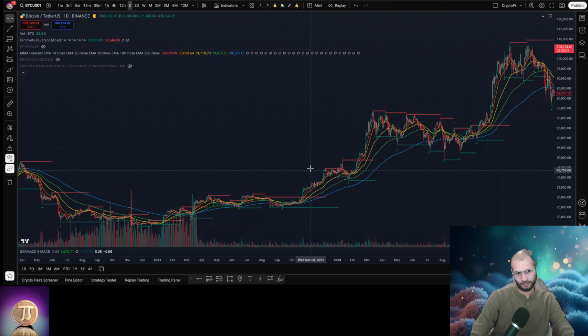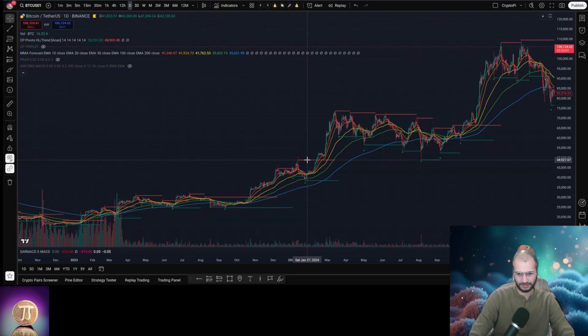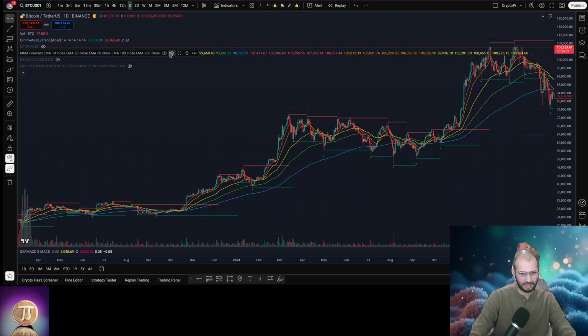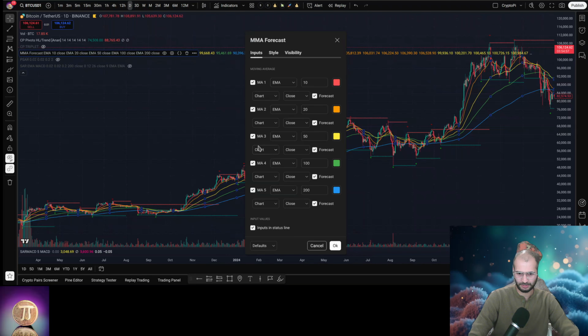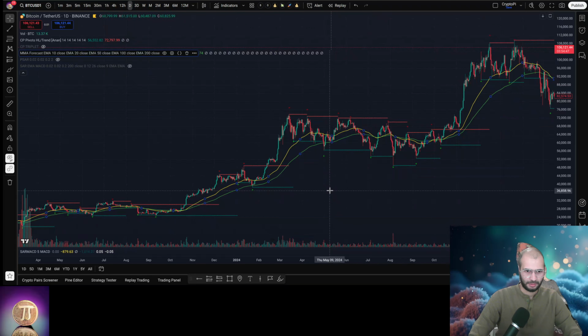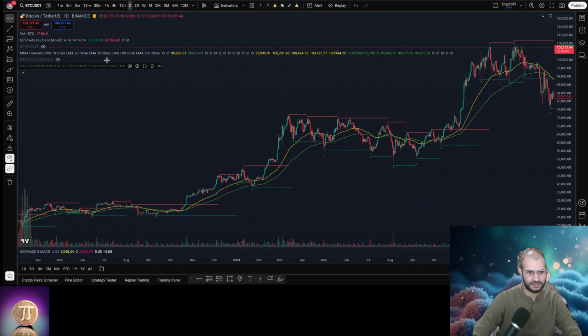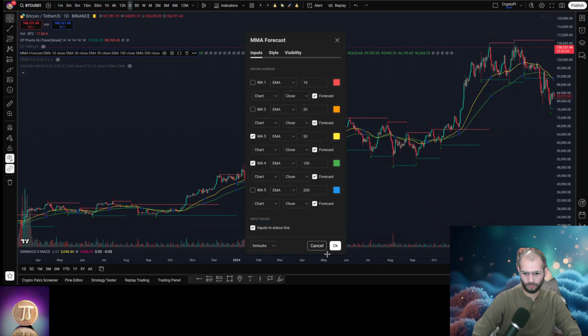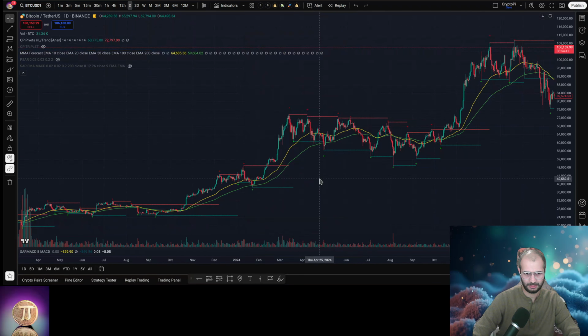Now, what I mentioned was using the crossovers of moving averages. Let's maybe start with a small example of 50 and 100 moving averages. Let's hide the other three. All right. What we see here is the yellow one is the 50 and the 100 moving average is the green one.